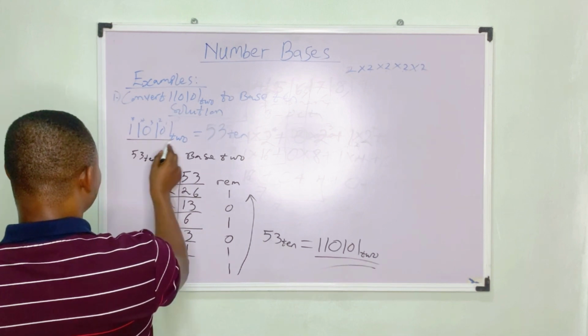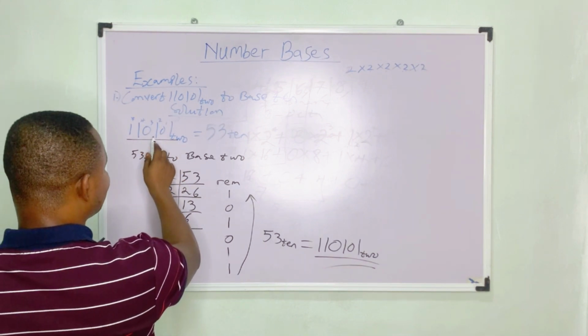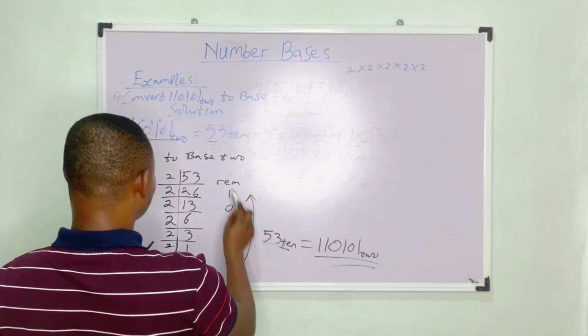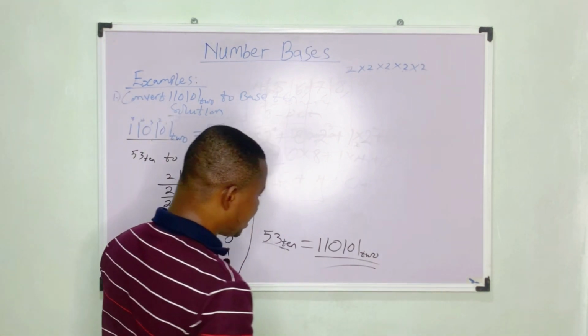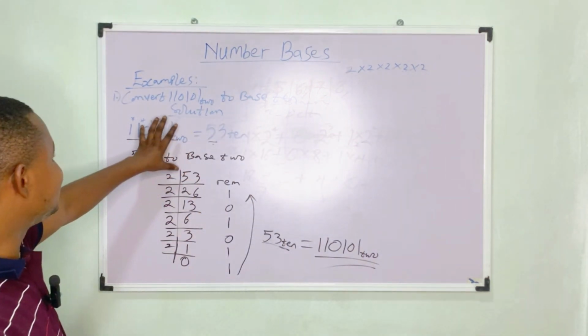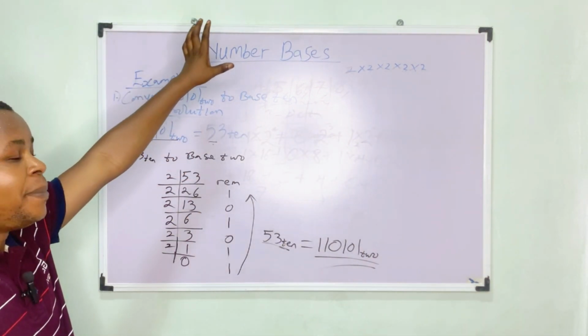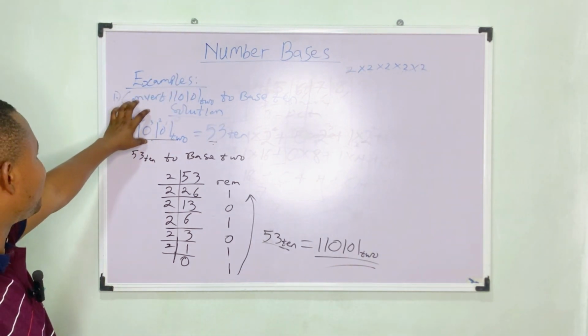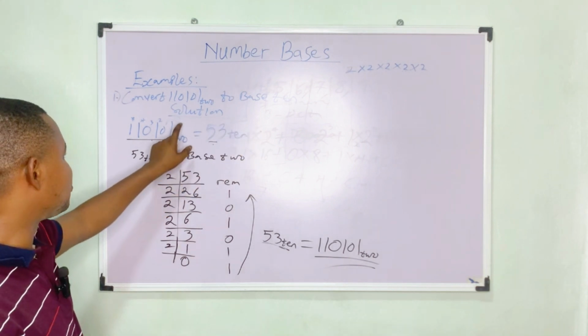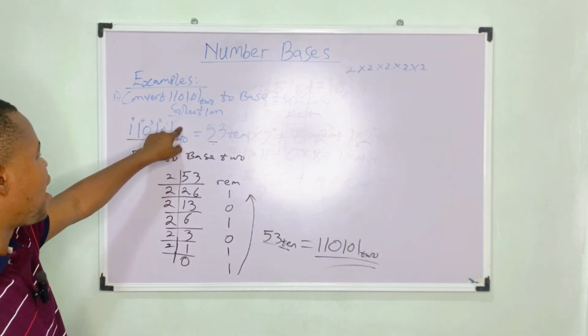As you can see, it is the same. We converted from base 2 to base 10 to give us this, and we converted this from base 10 to base 2 to give us this. Like I said earlier, this method is applicable to all bases. If you are converting from any base to base 10, you follow the method I used here.